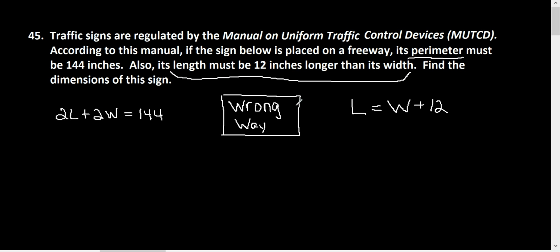Nevertheless, we've got our two equations here, and this time I'm going to choose the method of substitution. If L equals this, we can go back and substitute it for the L in the perimeter problem. So in other words, this is going to be 2 times L, but L is W plus 12, plus 2W, that equals this 144.